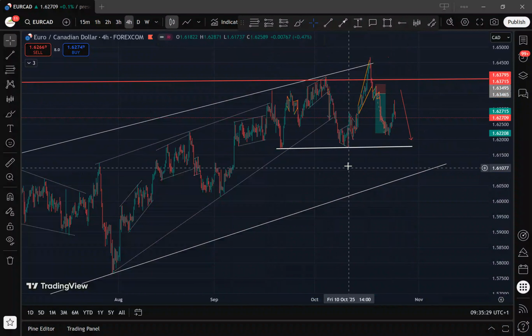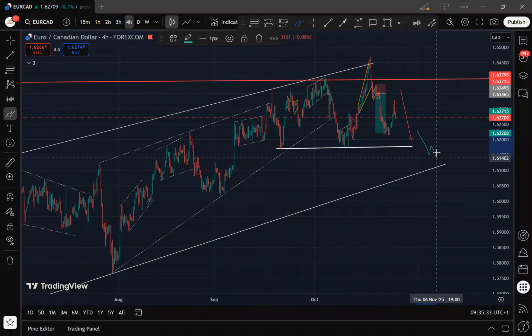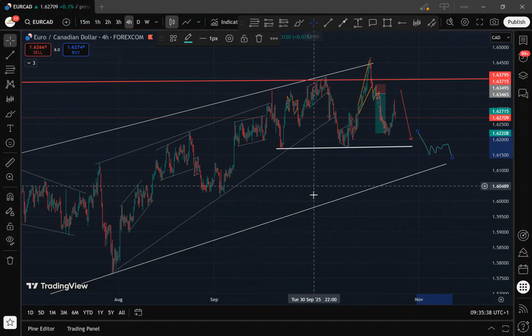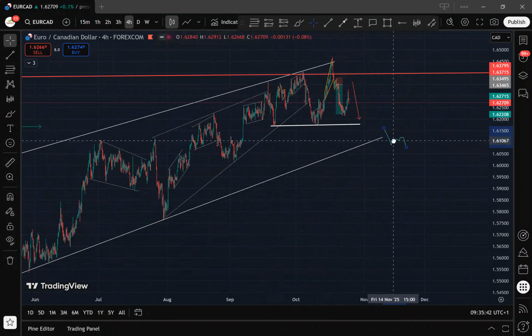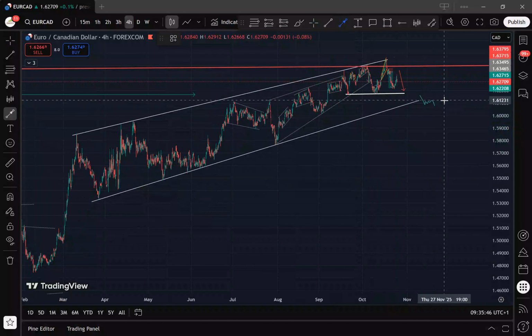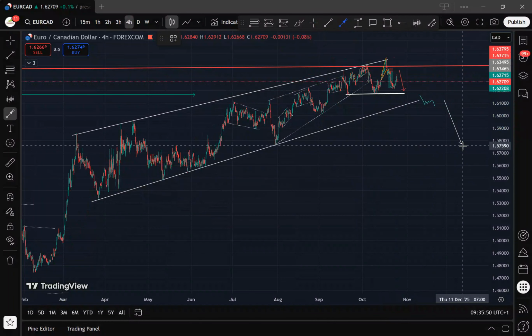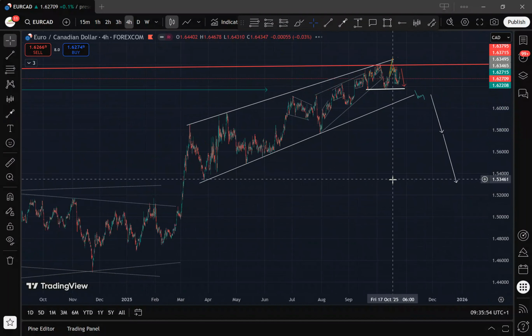So we just have to wait to see if we have a continuation pattern here, if that fits with your strategy, or probably wait for the price to break out here before we get back in to sell to this low, or this low. So that's it for Euro CAD.